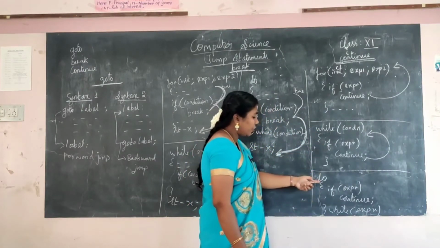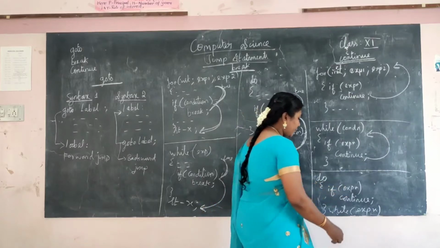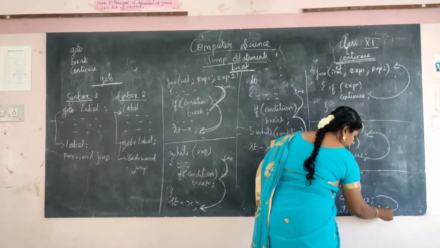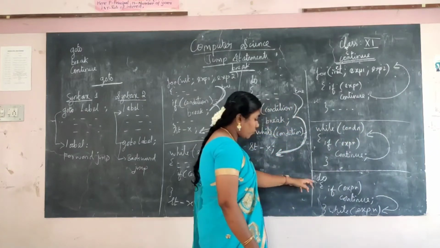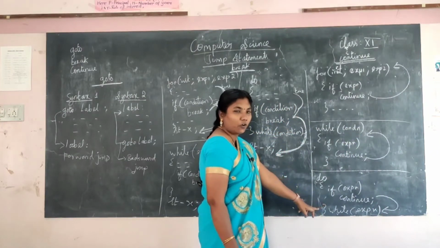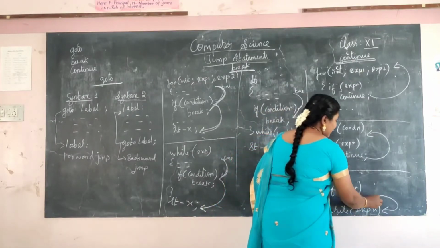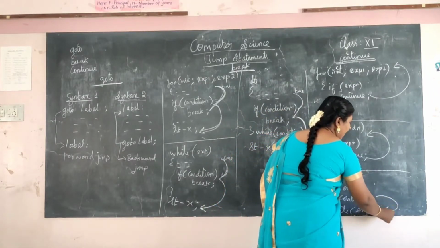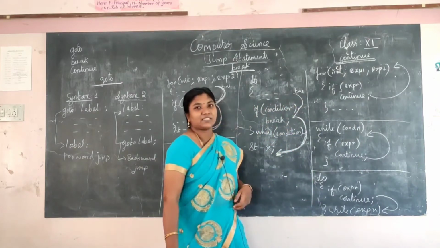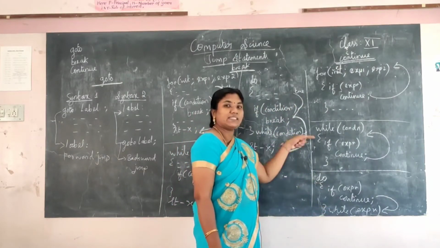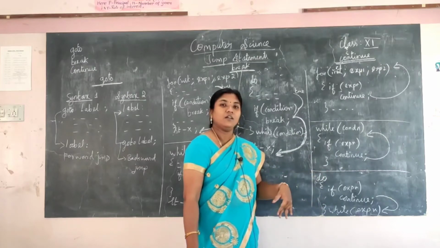Similarly in do while, if expression continue, where will it move? It will move from here and check the condition here, because do while is an exit control loop, so we check the condition at the end. If you ask to continue, it will move to the next condition check, whether it is right or wrong. As per that condition, it will get inside or come out of the loop.